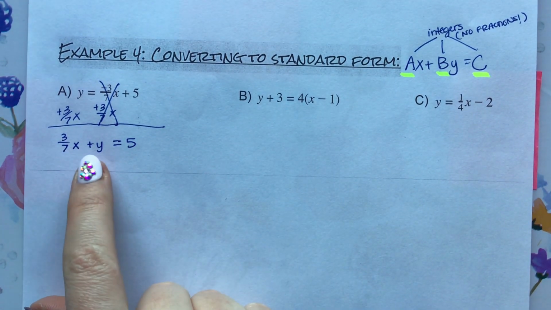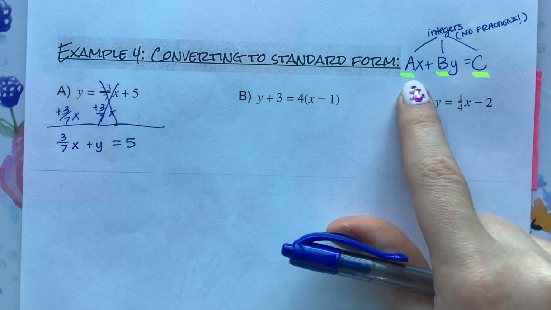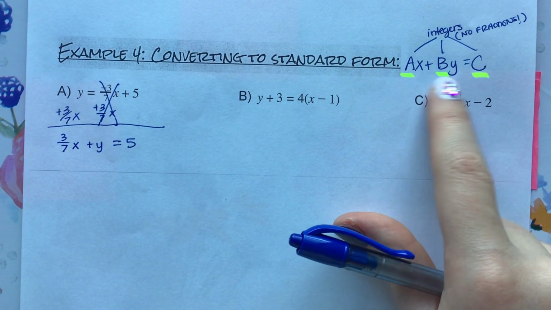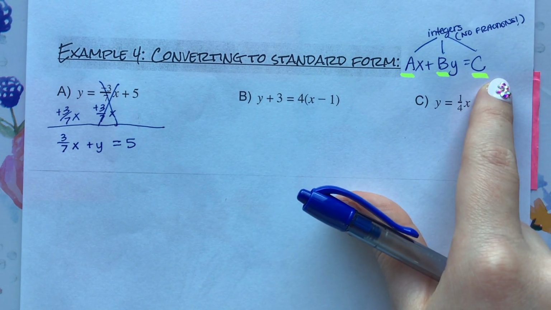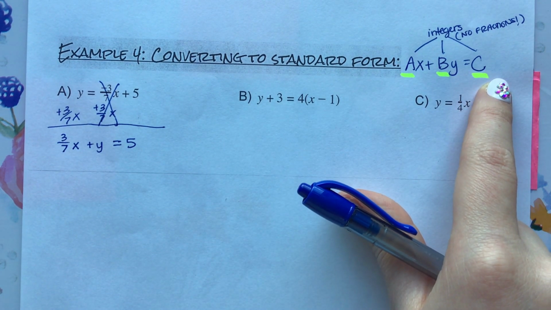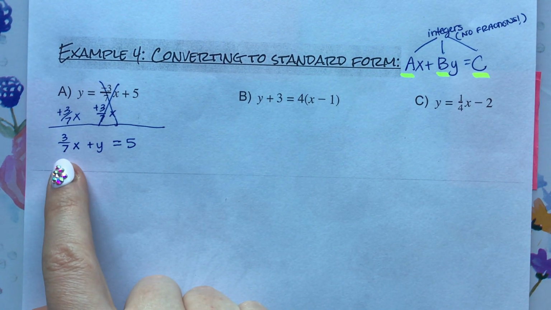Already I have x plus y equals a number. So this is already looking much better. The only thing I have to do now is get rid of this fraction. I don't want 3/7.